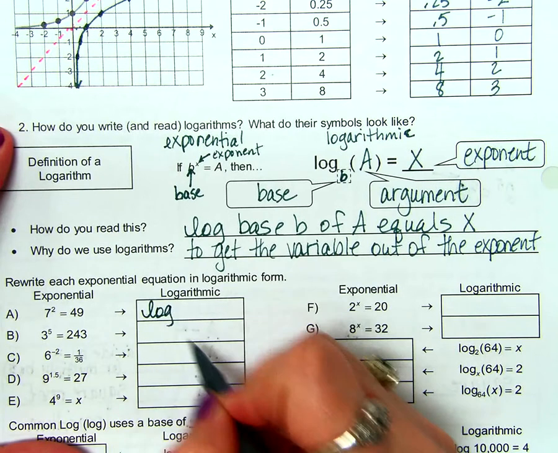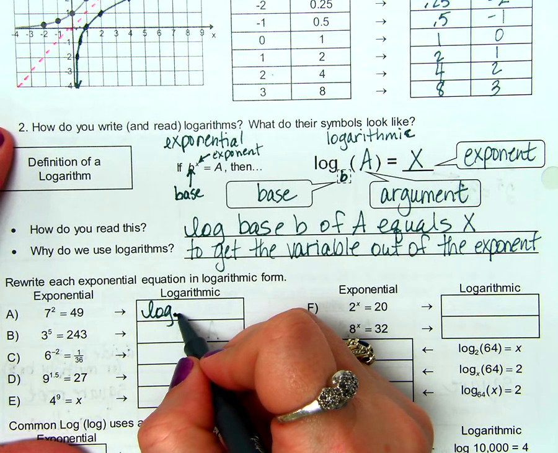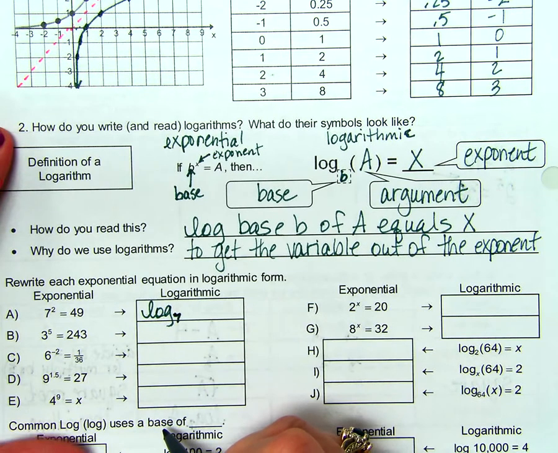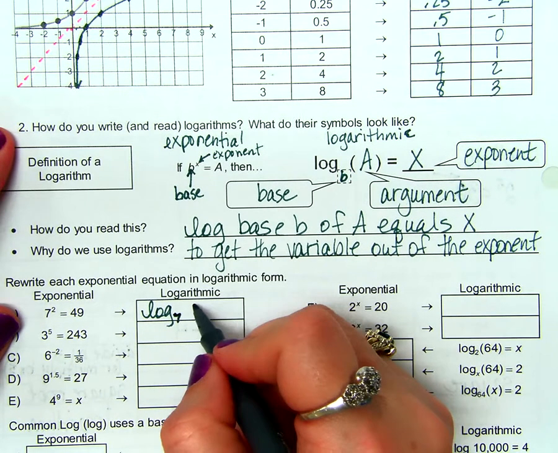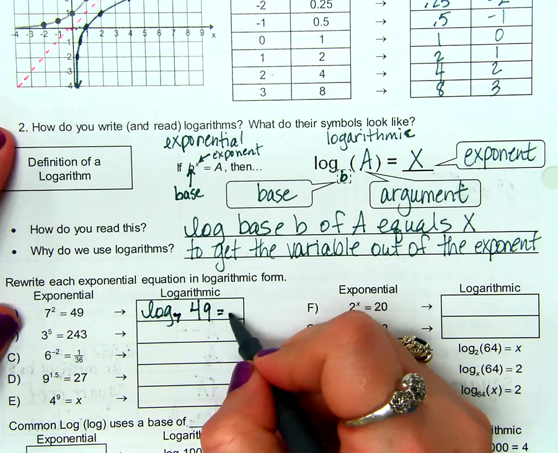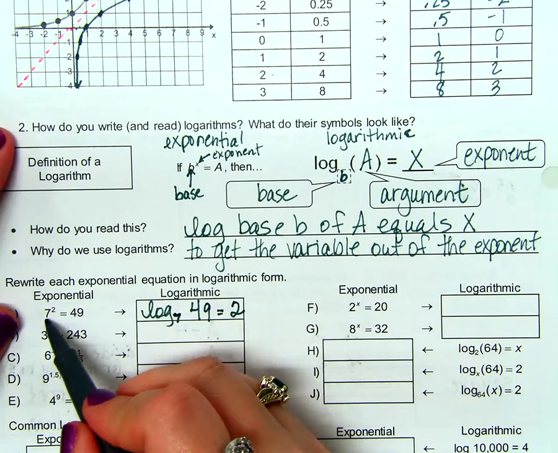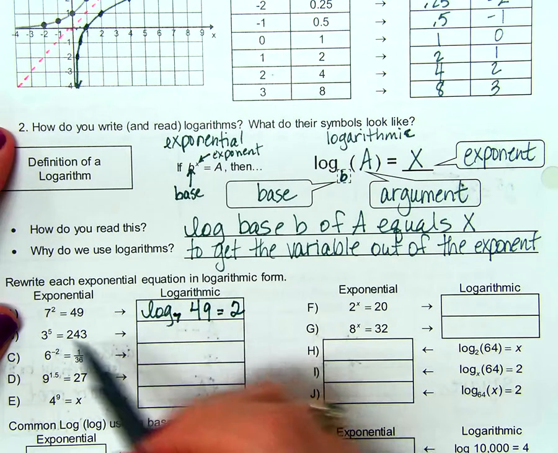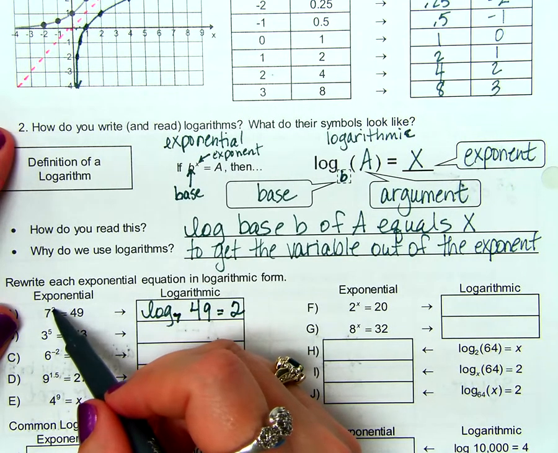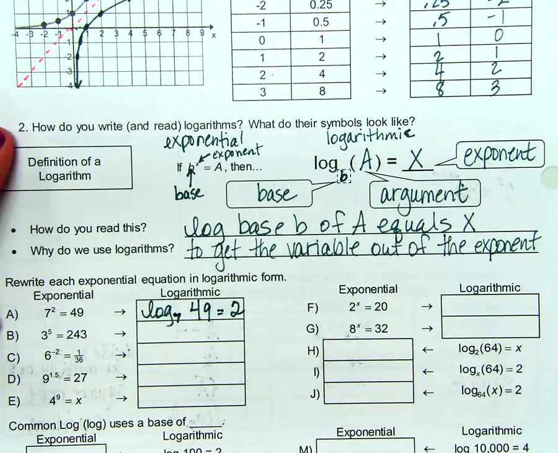Log base 7 of 49 equals 2. Okay? The base is the base. The exponent is our solution, and then the argument is the answer. Okay?